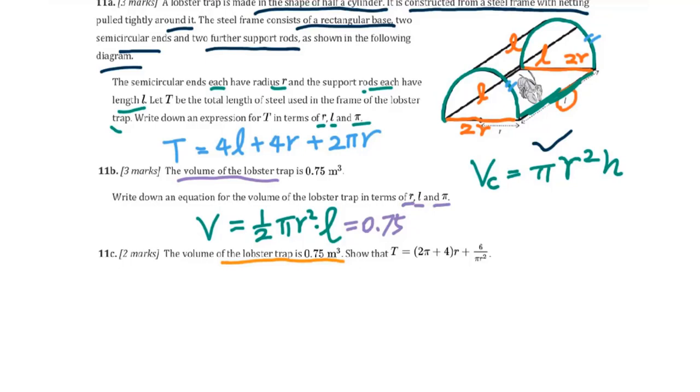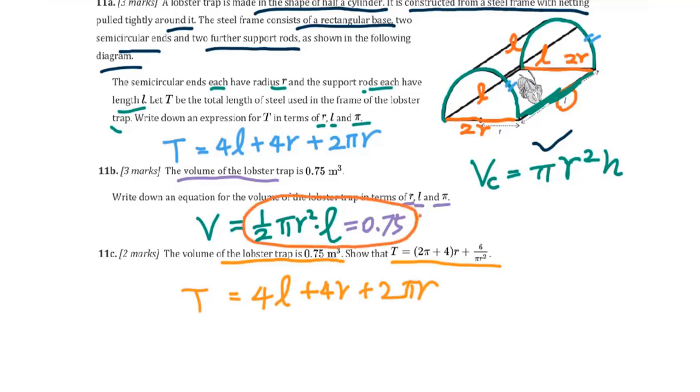For 11c, the volume of the lobster trap is 0.75 meter cubed. Show that T equals this. So we got T equals 4L plus 4r plus 2 pi r. According to this, we can get L. How do you isolate this L?